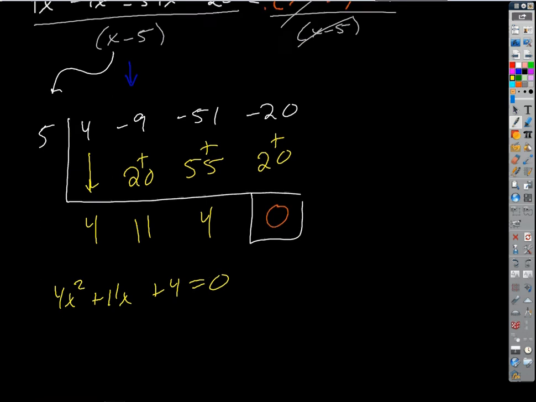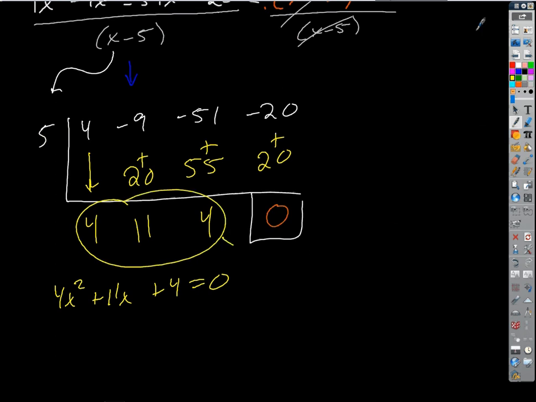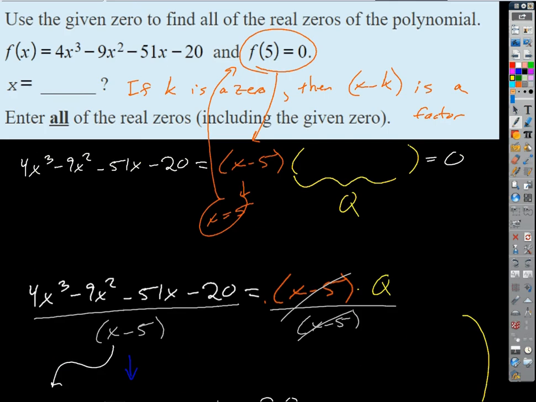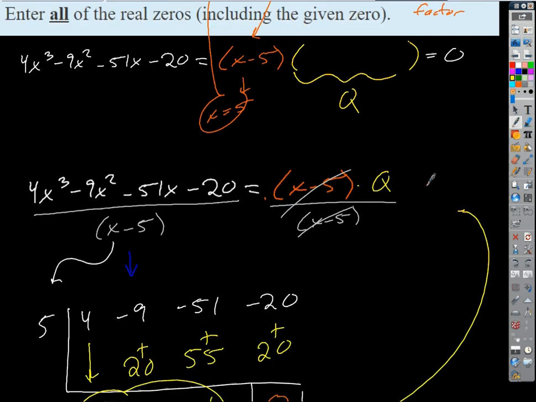So we know from here that what goes in there is 4x squared plus 11x plus 4. That's what goes in there, right? Because we divided it out synthetically, right?